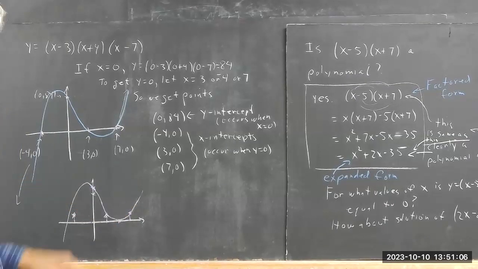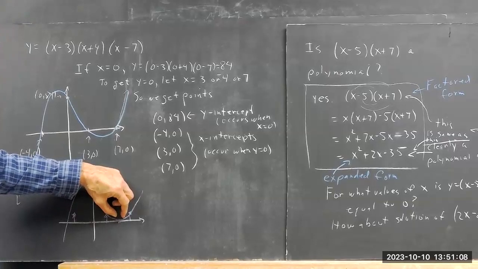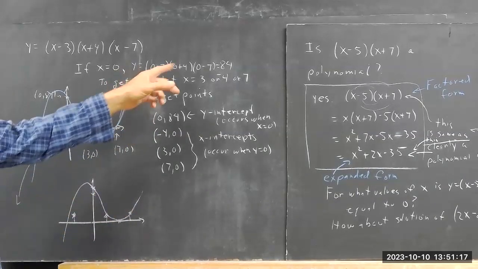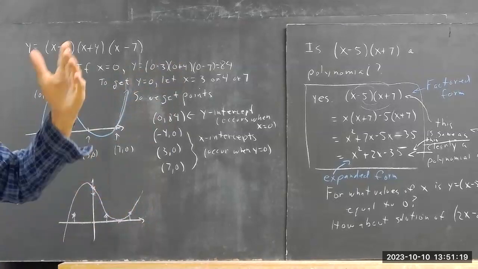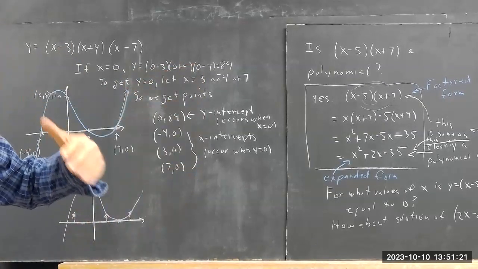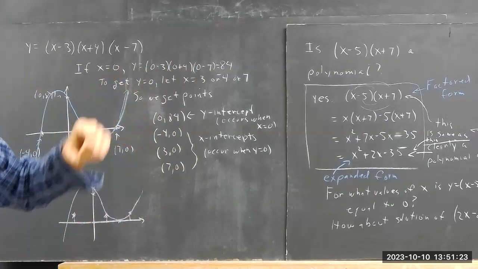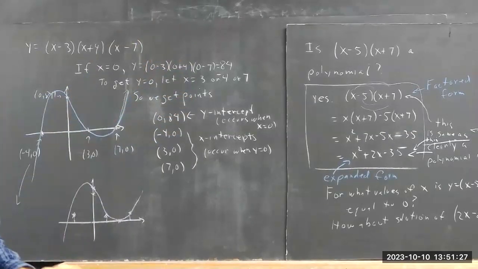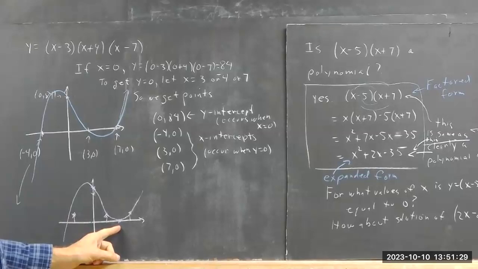Close to this point, it's very close to being a parabola. So we can have an x-intercept where the thing just kisses the axis, touches it like a parabola. Or it could touch it like a cubic function or any other type of function. It's going to be like a power function when it goes through or touches the x-axis.